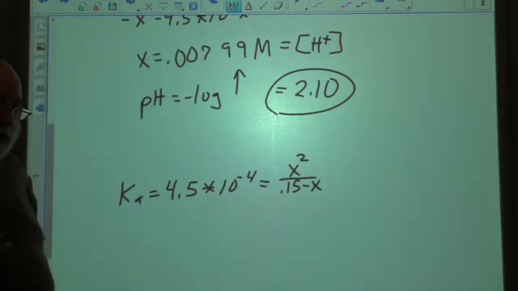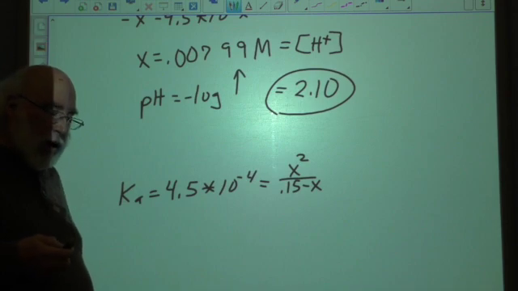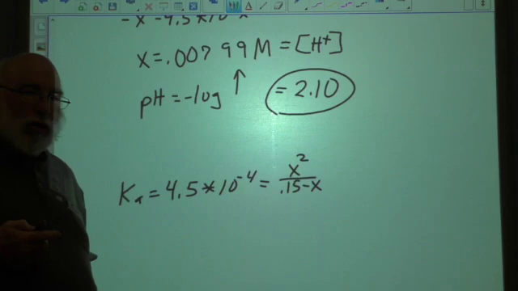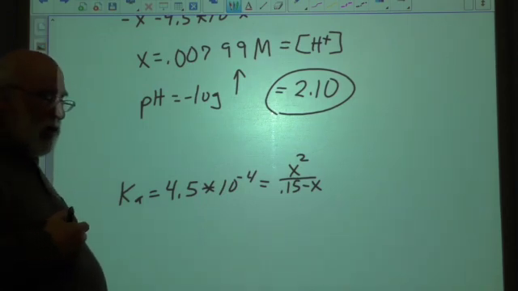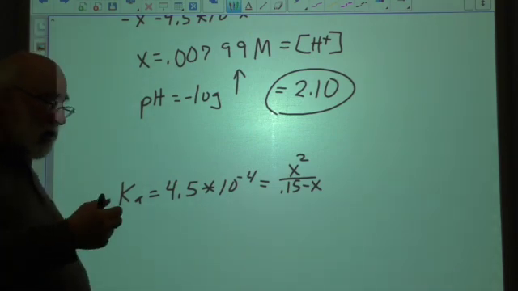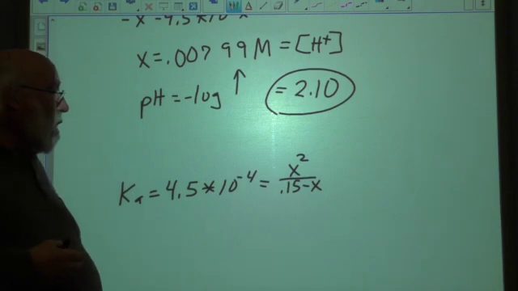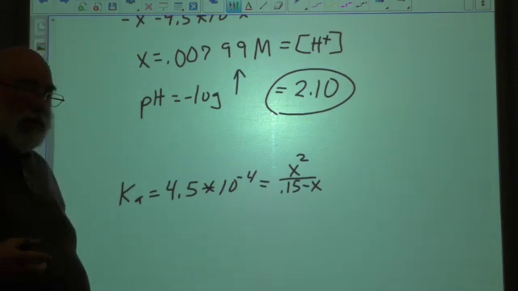Now, when we looked at the first problem, we saw that there was a rather significant drop in the percentage of the amount that was associated, how much iron came off. There's a distinct possibility that we can simplify this problem.